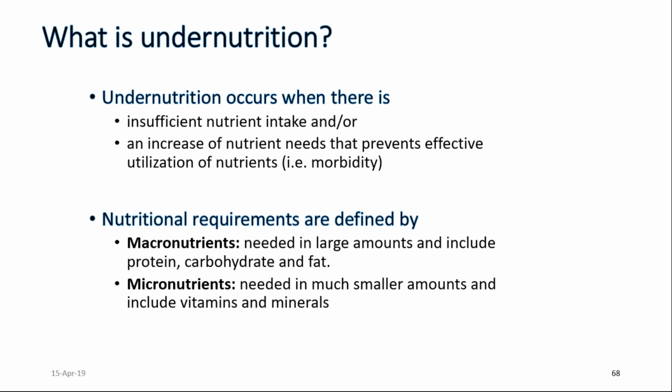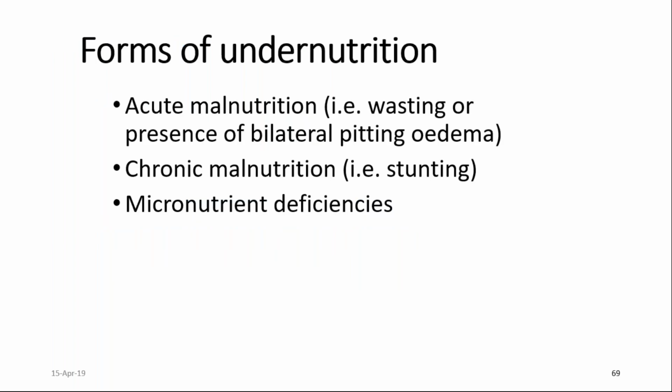So nutritional requirements are defined, we know, by macronutrients and micronutrients. The forms of undernutrition are acute malnutrition, which we saw is defined by wasting by WHO and also by the presence of bilateral pitting edema; chronic malnutrition, which WHO defines as stunting; and then micronutrient deficiencies, which we have seen when we did vitamins and minerals.